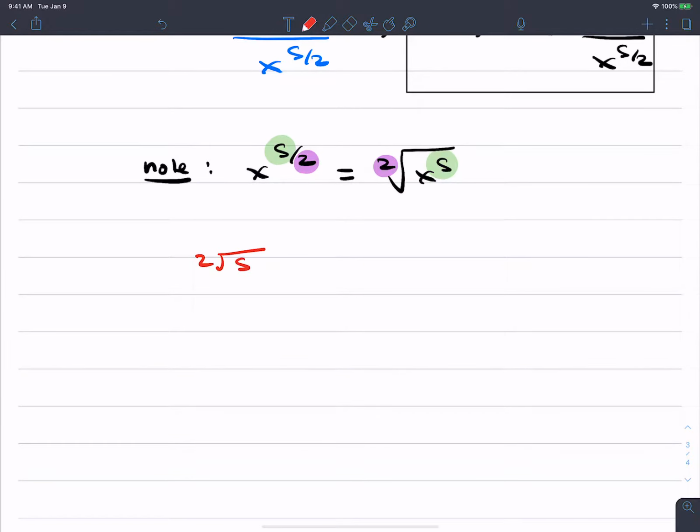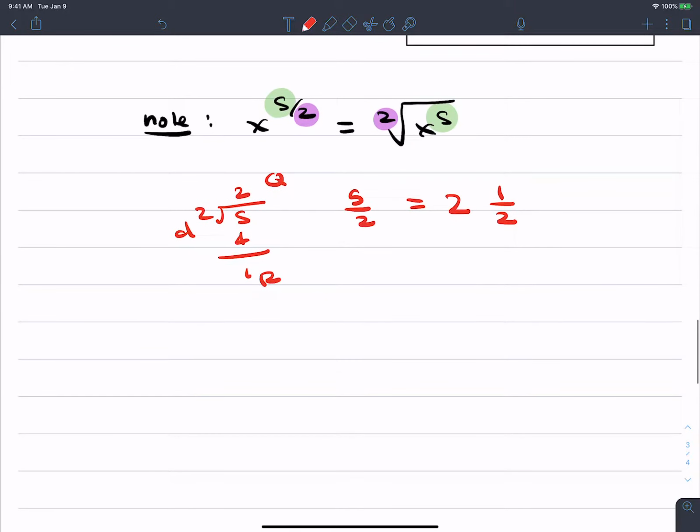5 halves is really 2 going into 5. It goes in twice and has a remainder. So we can write 5 halves as a mixed number. Here's the quotient, 2, here's the remainder. This is your mixed number format. And remember, this is 2 plus 1/2 by definition. That's the 5 halves power.